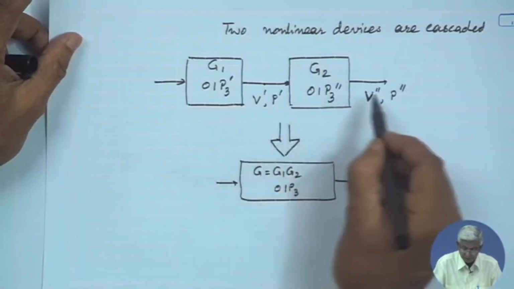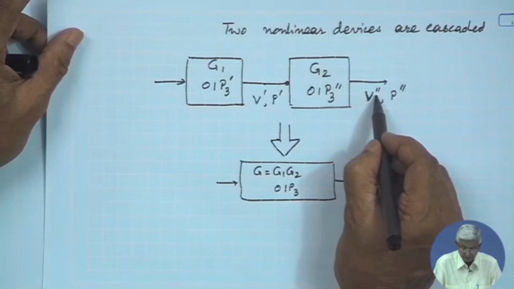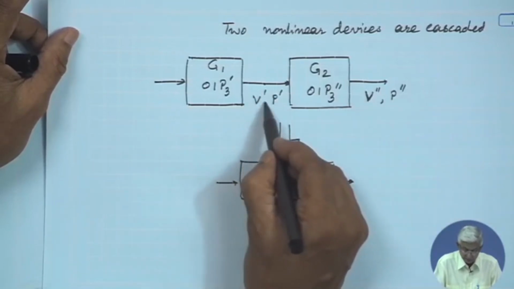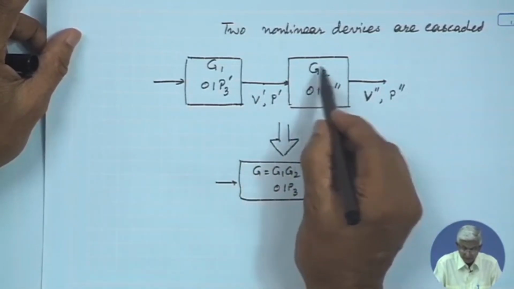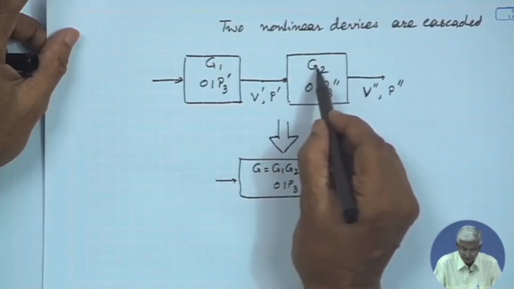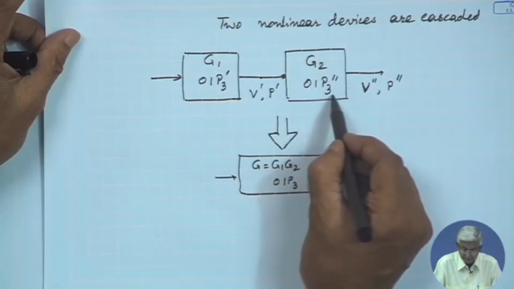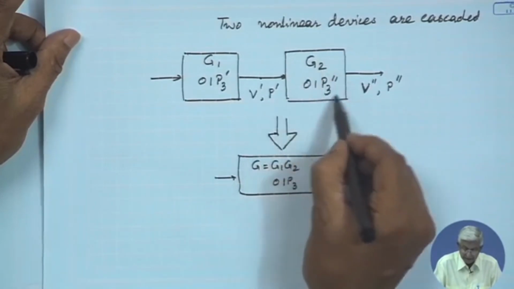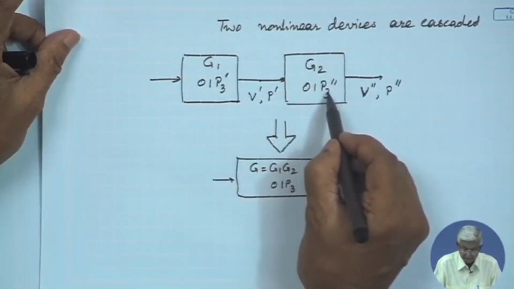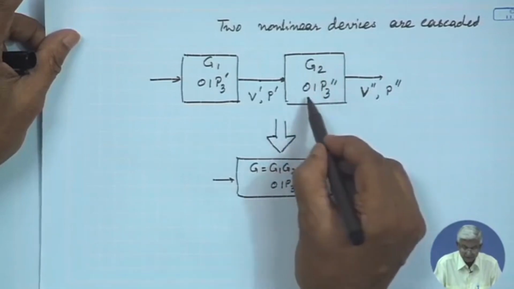Now, if we go to the second stage output, this voltage will be multiplied by the gain, which is of course power gain, so it will be the root of that, and the distortion voltage is added by the second device.